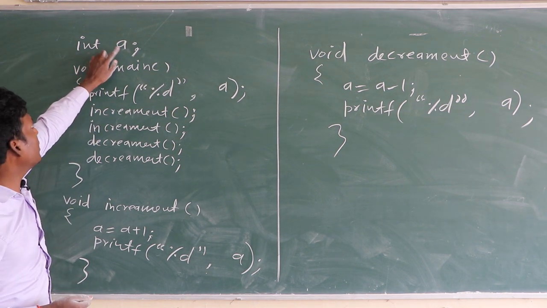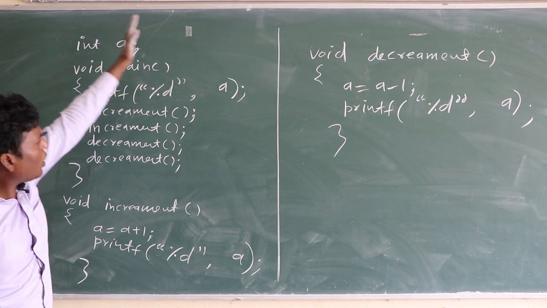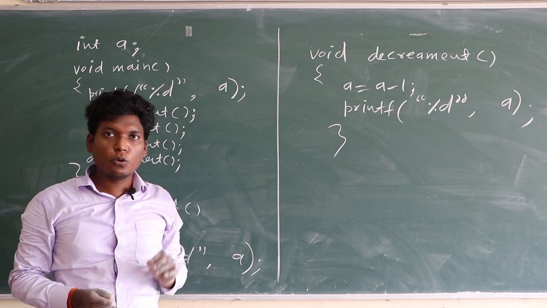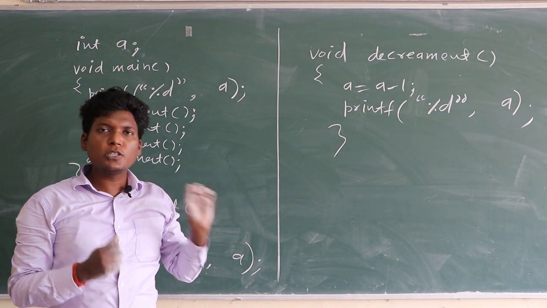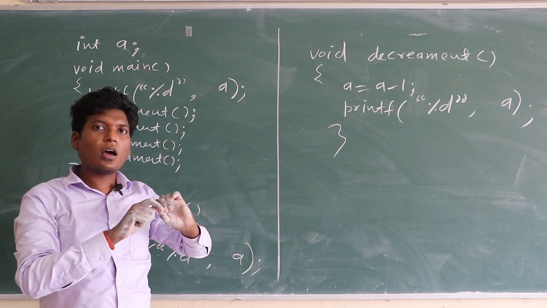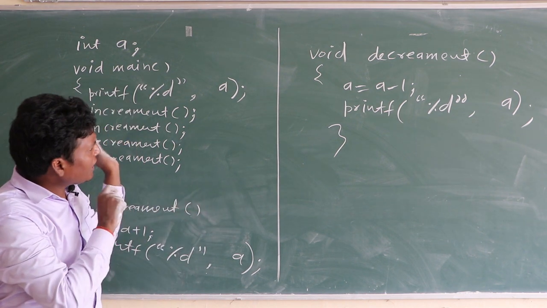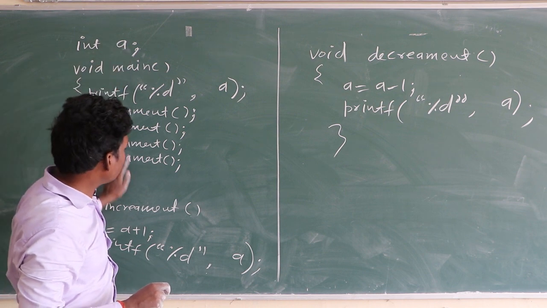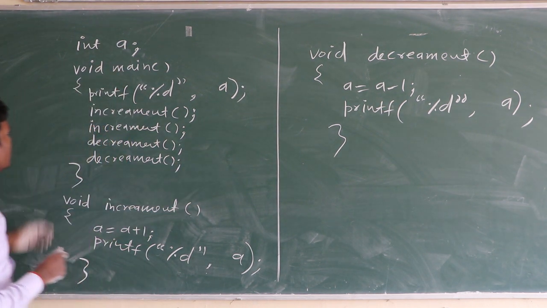So it will be visible to all functions in the program. When a variable becomes global, it will be visible to all functions and at all lines. Its scope is all lines and all functions.